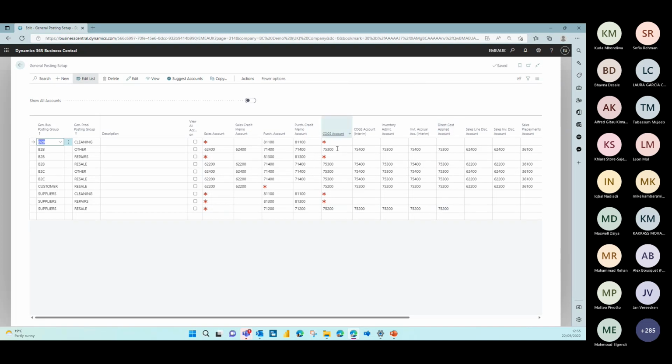These two are for closing stock, with sales for COGS and purchases for direct cost applied. The COGS interim is when you post your sales shipment but not invoice yet. The inventory accrual account is when you post your receipt but not invoiced. So basically it's doing the accruals for you as well.